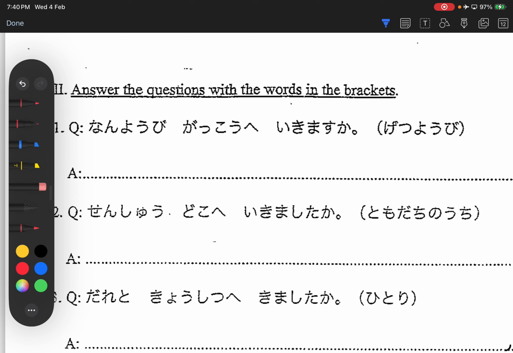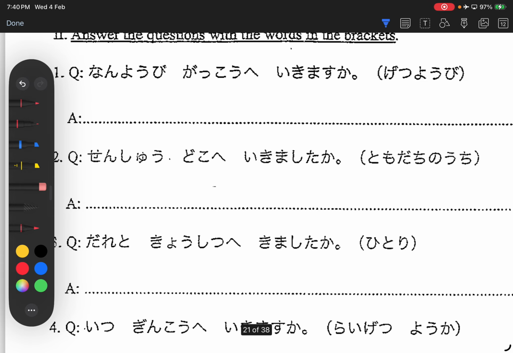So, 月曜日に学校へ行きます。Number 2、先週どこへ行きましたか？友達の家に行きました。Okay, 友達の家へ行きました。Right, past tense 行きました。どこへ、友達の家へ行きました。Number 3、誰と教室へ行きましたか？一人で教室へ行きました。Okay, very good.